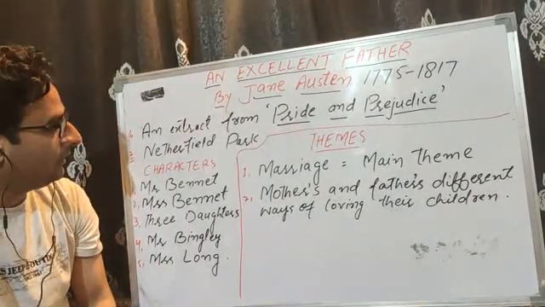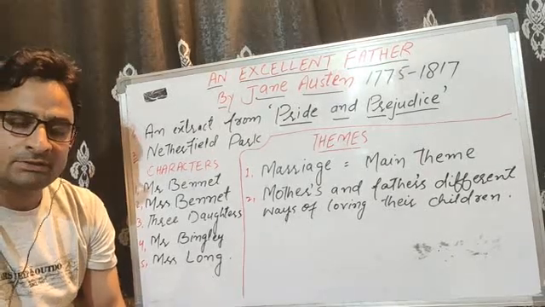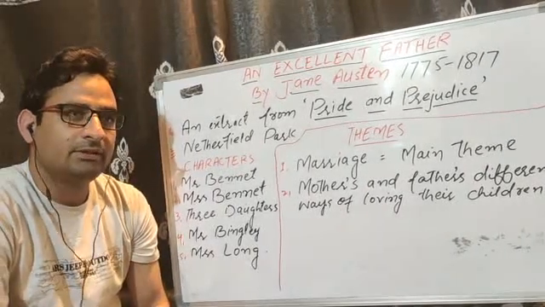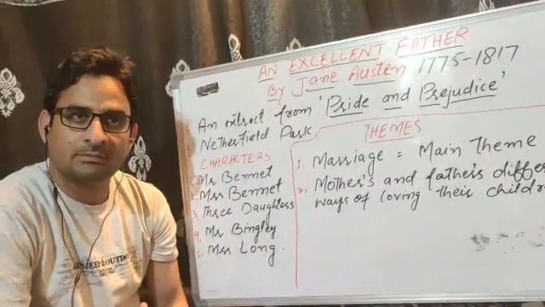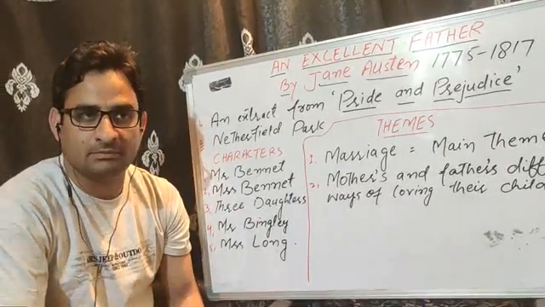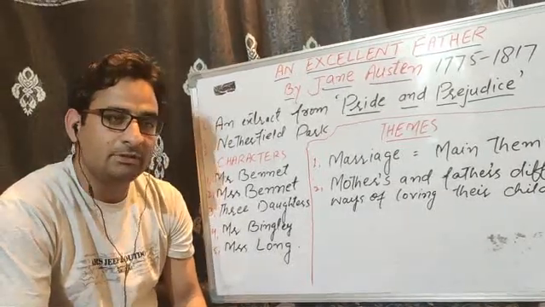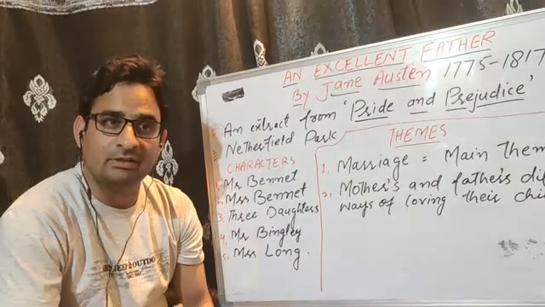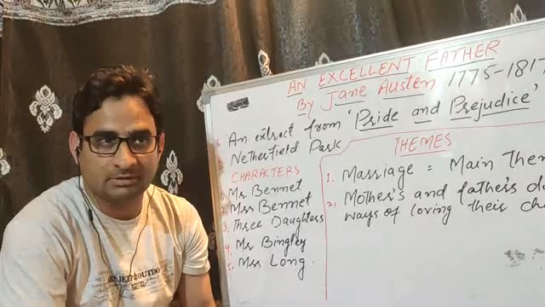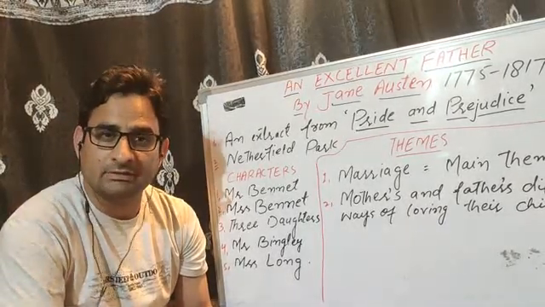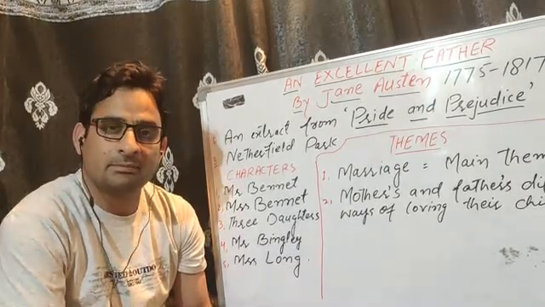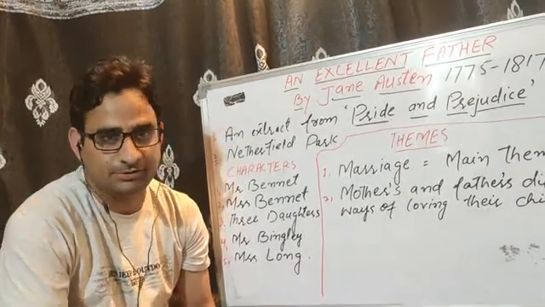The most important thing I would like to tell you first about Jane Austen is what kind of writer Jane Austen was. Jane Austen had the ability to peep into human nature, to look into it and understand it, and that's why Austen could depict the realities of the society of the times and could understand human psychology.